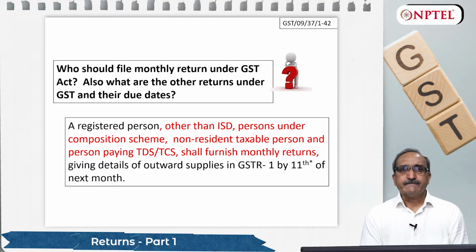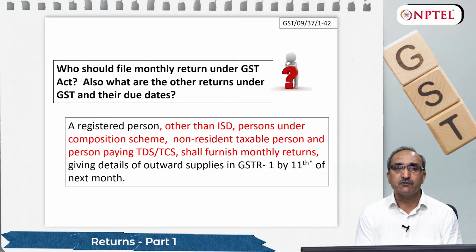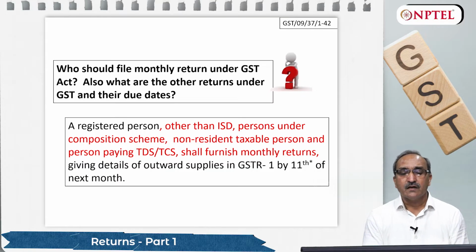So friends, in this presentation, the question is who should file monthly returns, that is GSTR 1. We have seen section 37, subsection 1, and this slide is derived from that particular section only. It says a registered person other than an input service distributor, a person under the composition scheme, that is section 10, a non-resident taxable person, a person supplying goods from outside India, and a person paying TDS under section 51 and TCS under section 52 shall furnish the monthly return by 11th of the next month.